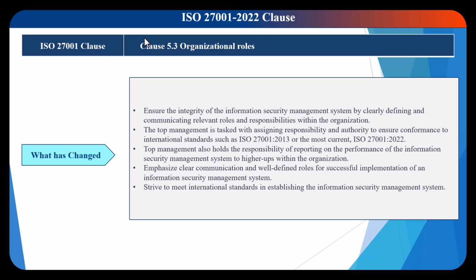The third is that top management also holds the responsibility of reporting on the performance of the information security management system to higher-ups within the organization. The fourth emphasizes clear communication and well-defined roles for successful implementation of an information security management system. And the last change is to strive to meet international standard in establishing the information security management system.